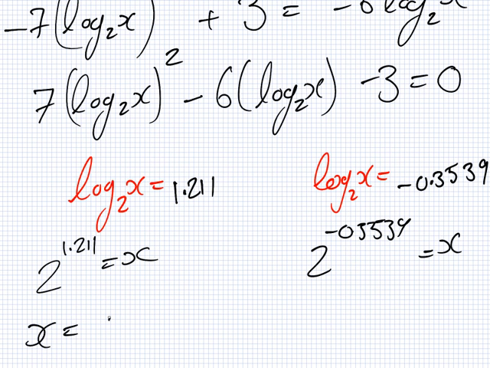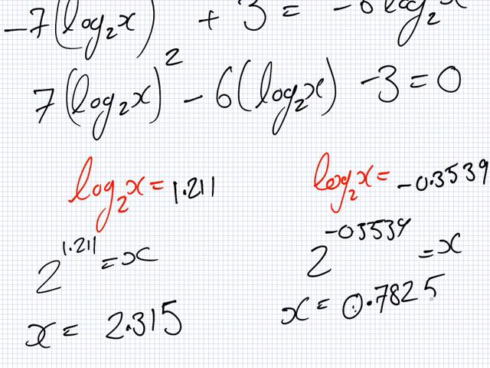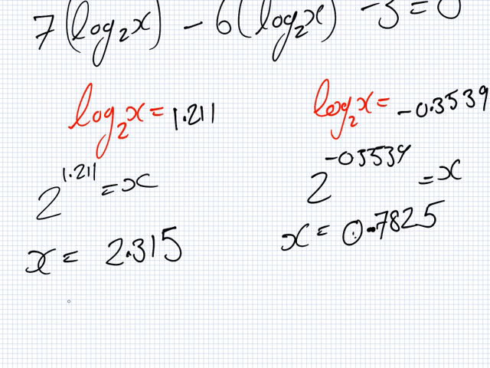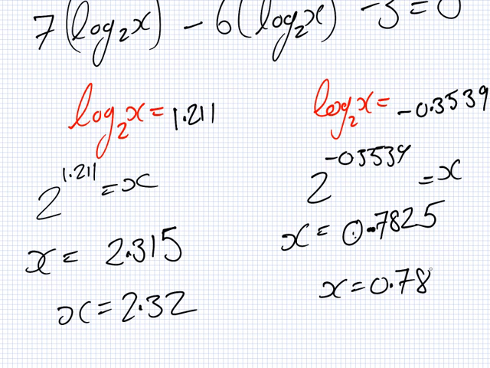So this one here is 2.315, and this one here, yeah, what was it? 0.7825 about. Well, actually, in the exam, they would want it to 3 significant figures: 2.32, 0.783.